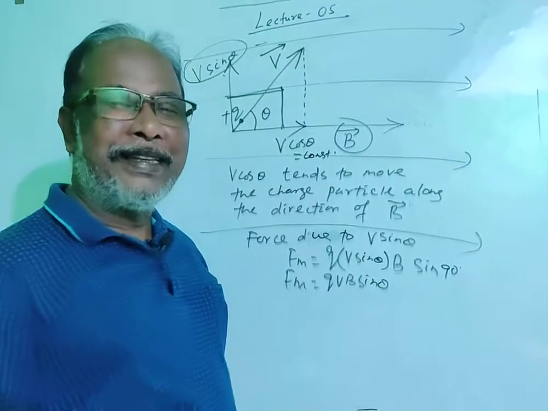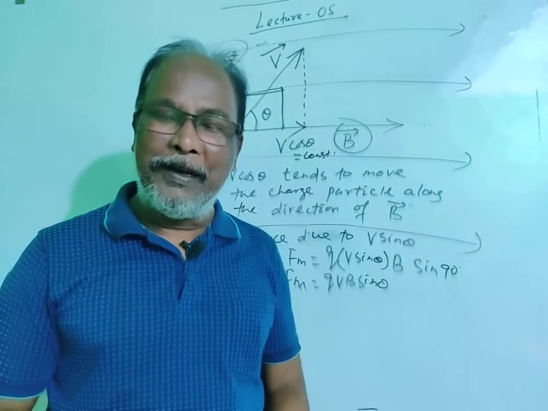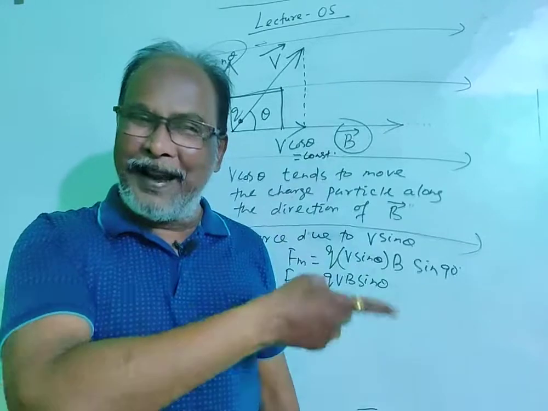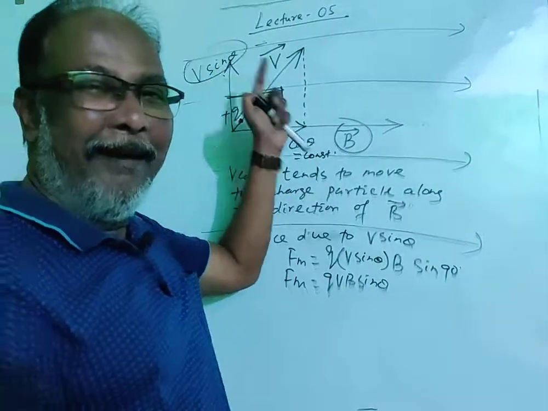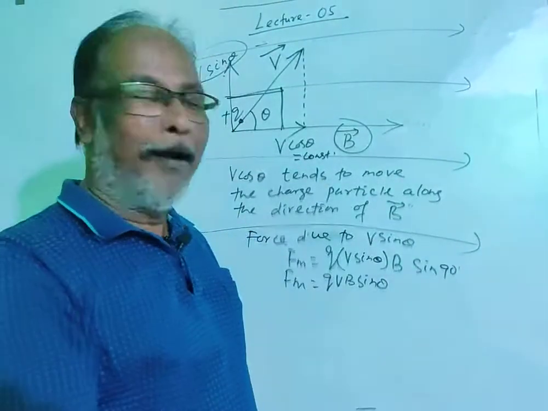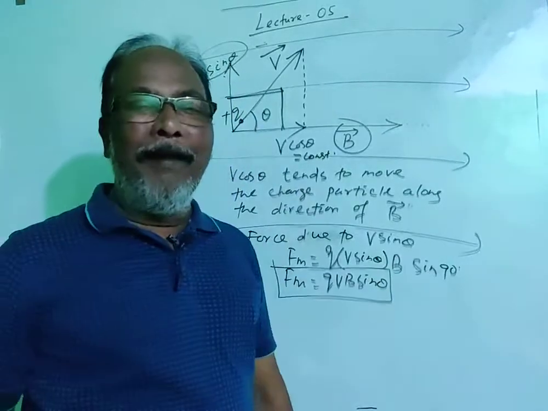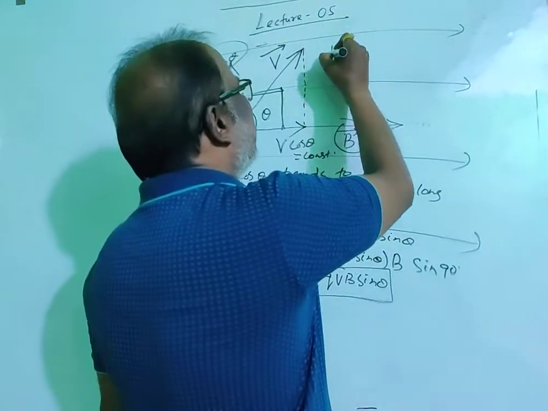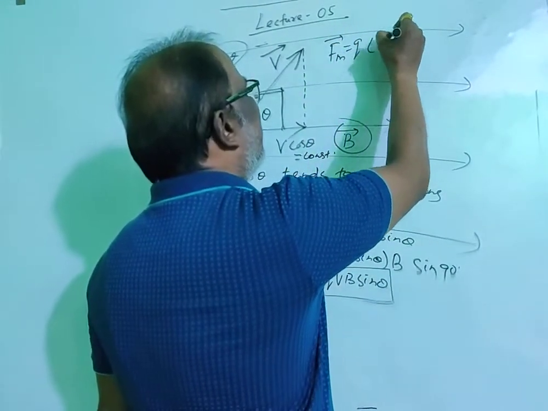And as we have discussed, if the charged particle moves perpendicular to the magnetic field, the nature of trajectory is circular. Here, due to v sin theta, the trajectory will be circular, and this force will provide the necessary centripetal force.